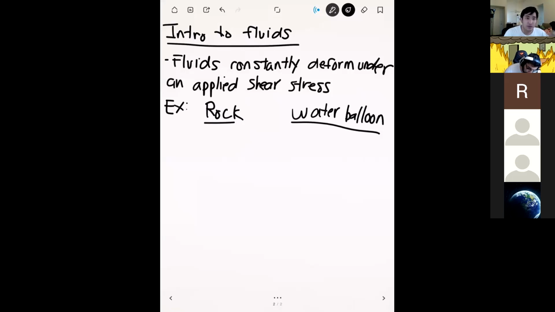That rock's just going to be itself, right? You might be able to move it a little bit, but the amount of deformation that you get is just a modest amount of displacement.